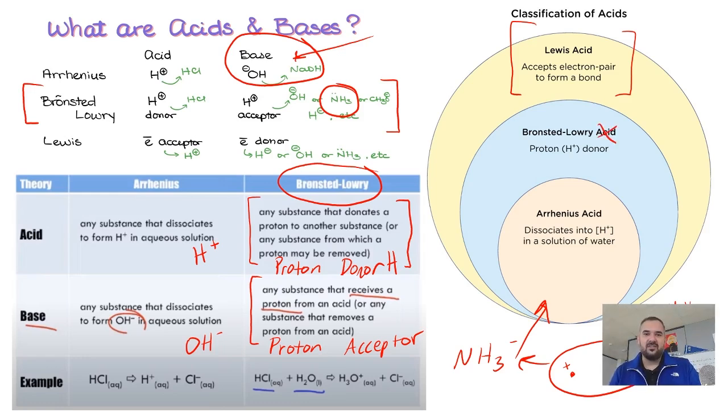It says acid here, this should say base, because acids are really the same for both. It's the bases where you're going to see the difference. All Arrhenius bases are Bronsted-Lowry bases, but not all Bronsted-Lowry bases are Arrhenius bases, because you have to have an OH here. And here you could have something like NH3 minus. Anything with a minus charge would be considered a Bronsted-Lowry base.